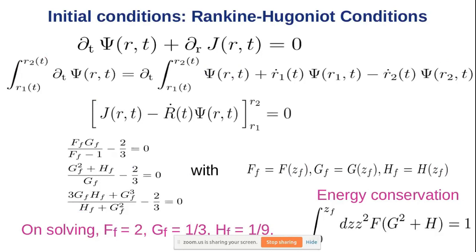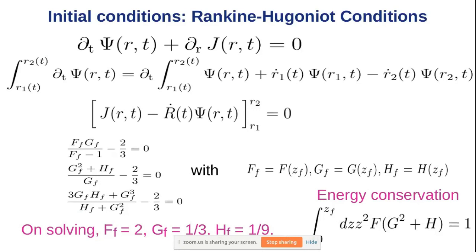To give a brief review of this, if a PDE is in the flux conservative form, del t psi plus del R j equal to 0, integrating on both sides and using the Leibniz rule, one can prove that J of R of t minus R dot t psi, from R1 to R2, is equal to 0. R is the position of the shock front, R2 is a point just after the shock front, and R1 is a point just before the shock front.